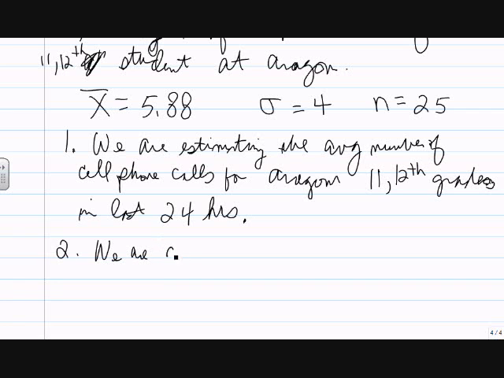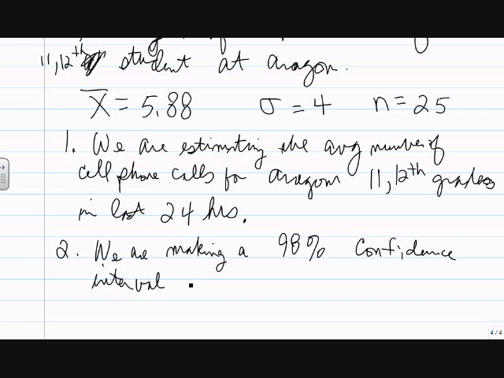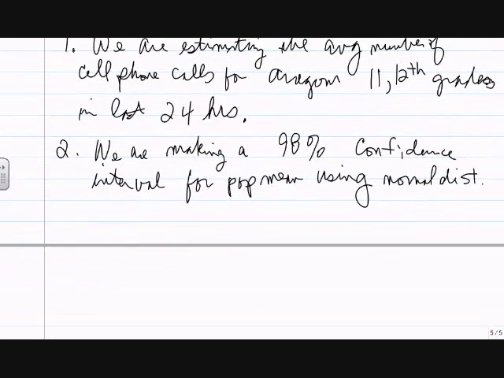So we are making a 98% confidence interval for a population mean. We're going to use a normal distribution, because you don't know any other distributions yet to use, but we will soon.